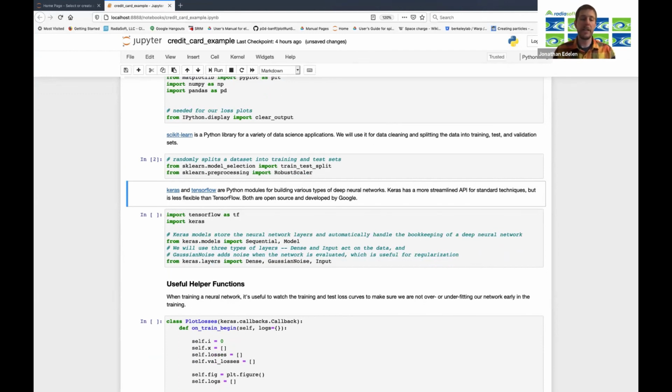It just depends on what kind of distribution your data has. If your data is fairly uniformly distributed, then standard scalers and min-max scalers work really well. Robust scaler is a little bit better for these sort of non-uniform distributions, and I think that it works well for a lot of the applications that I've used it on. But which scaler you use can affect which activation functions you want to use.